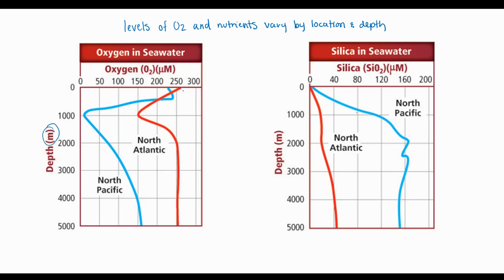Along the x-axis, we can see how much oxygen is in the water. It's the same for the silica. Silica is going to be used by animals to make their shells.